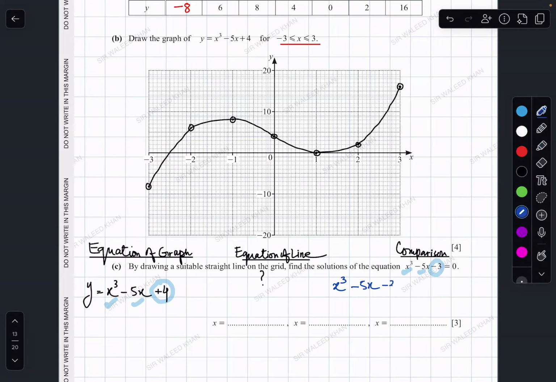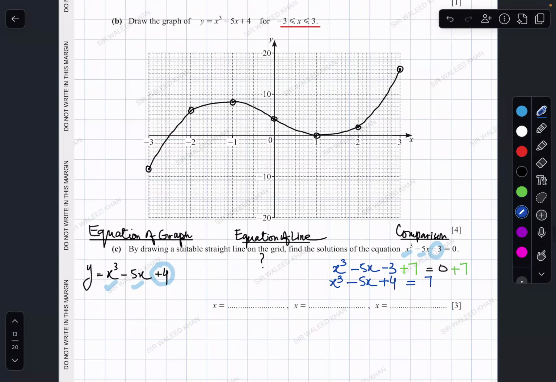If, without changing the others, I add 7 to it, it becomes a positive 4. So if I'm adding 7 to the left-hand side, I have to add it on the right-hand side. Now I can see that this is x cube minus 5x plus 4. So it's exactly the same as the equation of graph, and that was our goal.